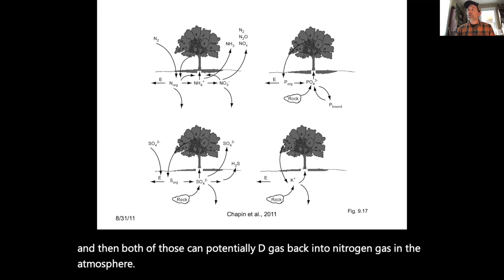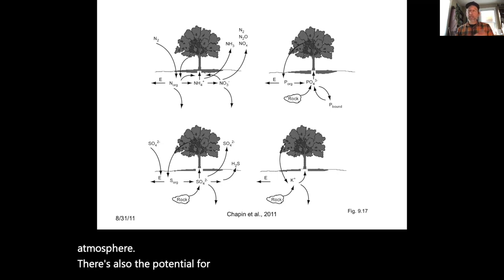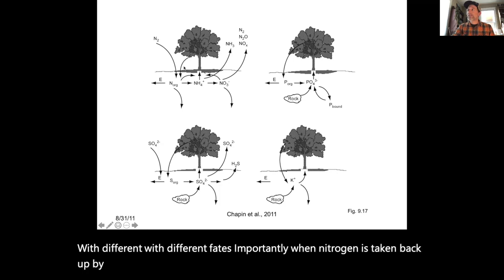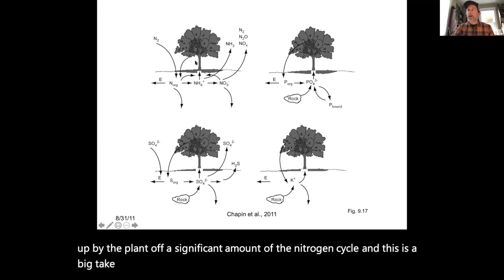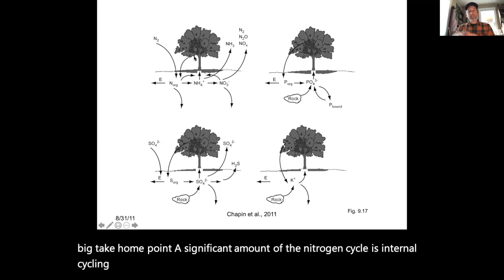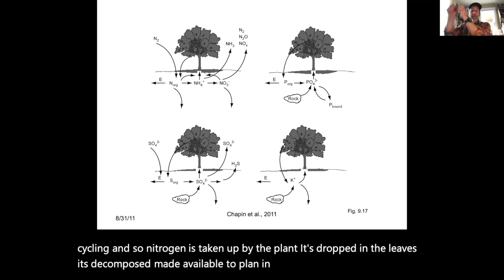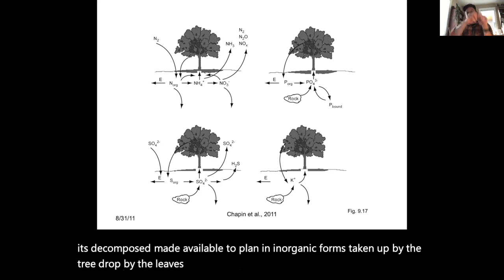There's also the potential for nitrogen to go into dissolved organic forms with different fates. Importantly, and this is a big take-home point, a significant amount of the nitrogen cycle is internal cycling. Nitrogen is taken up by the plant, it's dropped in the leaves, it's decomposed, made available to the plant in inorganic forms, taken up by the tree, dropped by the leaves, decomposed, and taken up, and on and on.